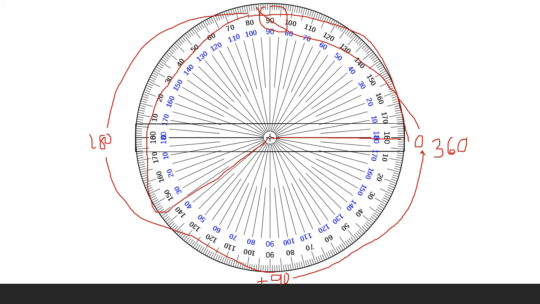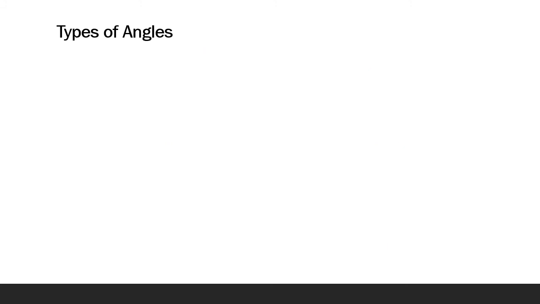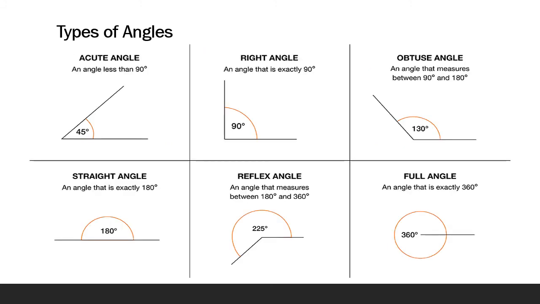Next, we have types of angles. Not only a 90 degrees angle, we also have what we call the acute angle, which has less than 90 degrees. It's not only 45 degrees we are measuring for an acute angle. An acute angle can also be 30 degrees. It can be 10 degrees, for as long as it is less than 90.